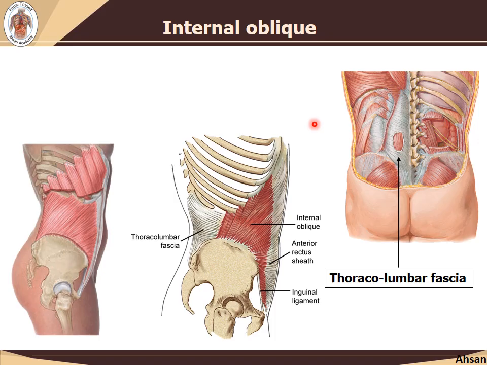So the second muscle is the internal oblique muscle. You see, this is the internal oblique muscle, with the external oblique cut here. Here you can see the diagram. You see from the back, it's a very deep, thick fascia. This is known as the thoracolumbar fascia, which covers the posterior part.